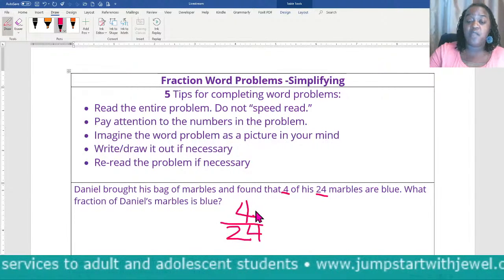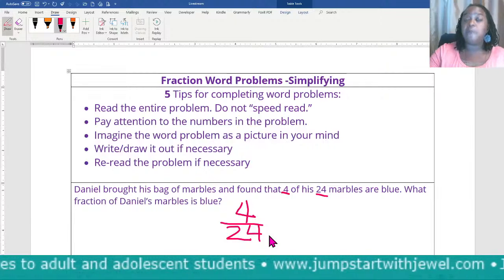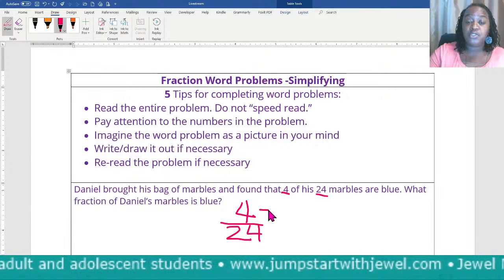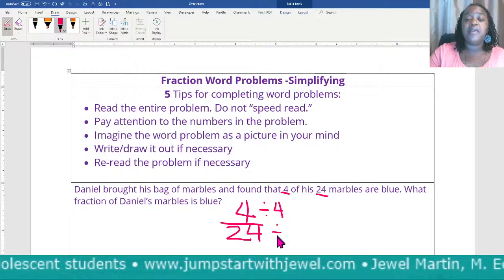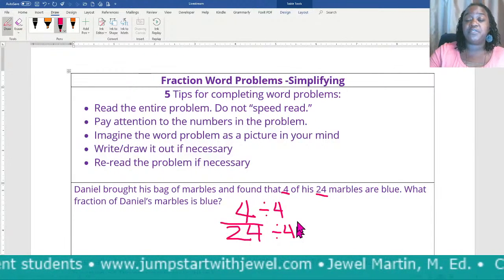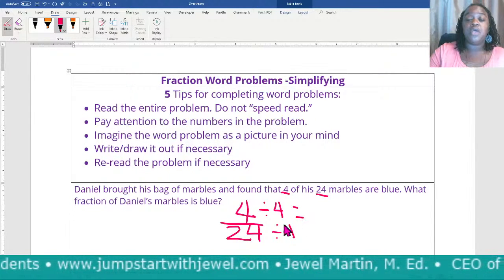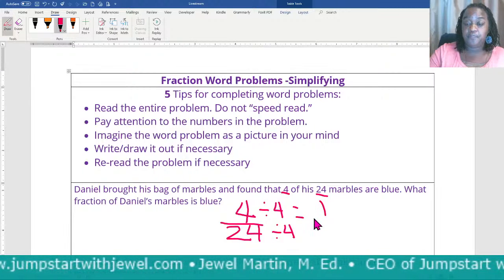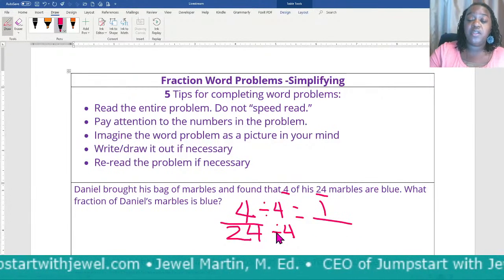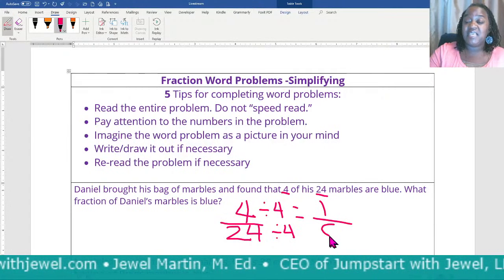You've got a 4 up here in the numerator, and 24 is in the denominator. So all you would do is divide the numerator by 4 and the denominator by 4. So 4 divided by 4 is 1. And then 24 divided by 4 is 6.